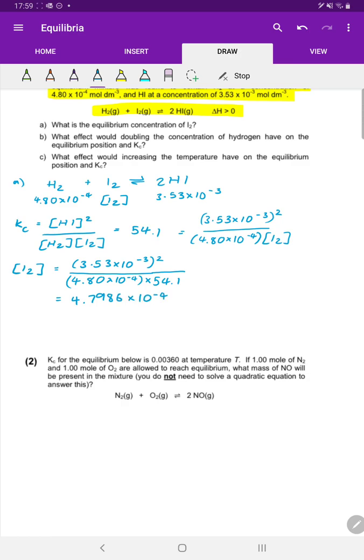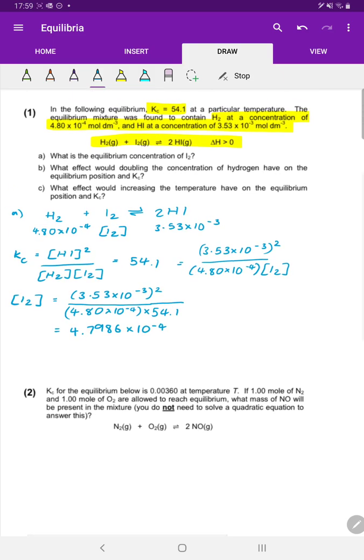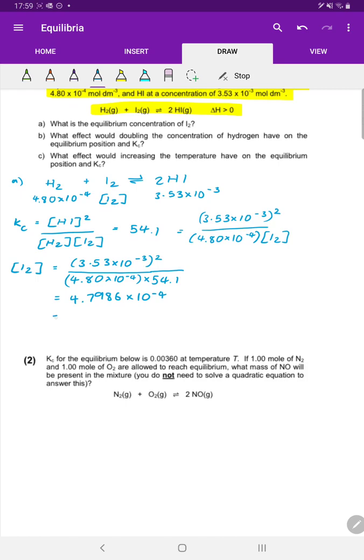And then just looking back at the question to work out number of sig figs to use. So they've used 3 significant figures in the data, so I use 3 sig fig in my answer. So 4.80 times 10 to the minus 4. I then need to look at my units, and if we look there, my top and my bottom cancel out, so there's no units for this one. Okay. So that's part A done.